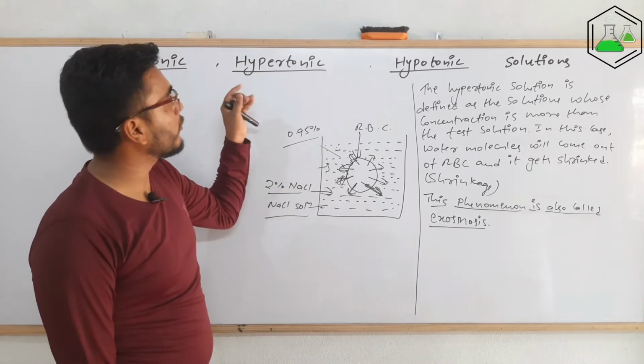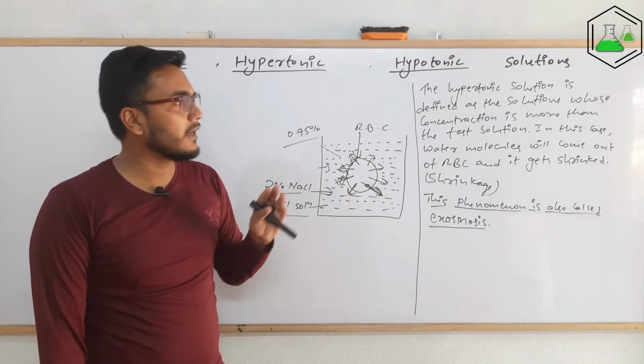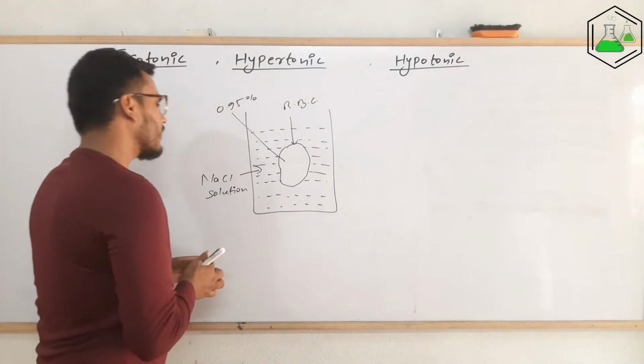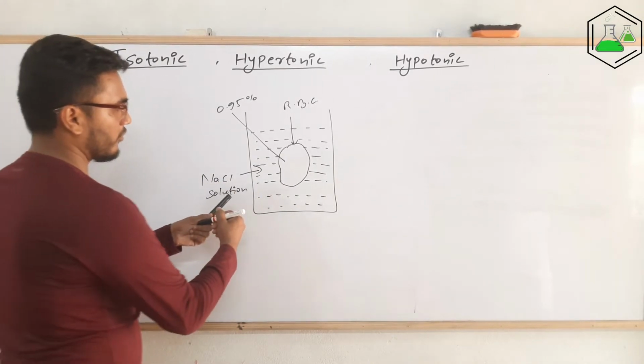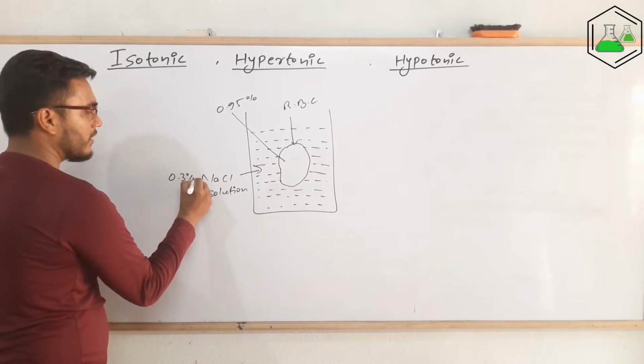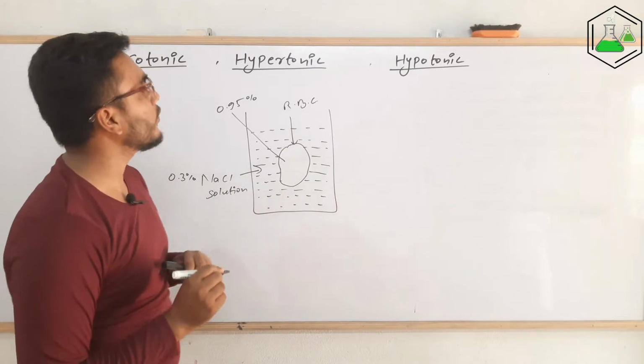Okay, so I have understood about the hypertonic solution. Now it's time to understand about the hypotonic solution. For that, let me read this portion. For hypotonic solution, let us consider the concentration of this outside solution is 0.3%, that is less than the concentration inside the test solution. Then what will happen?